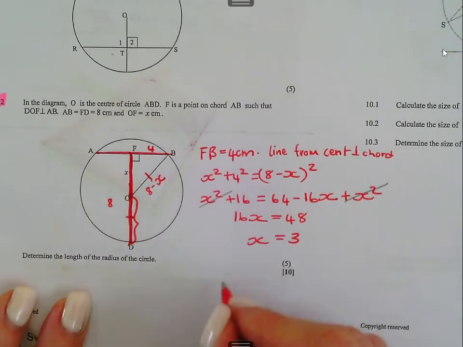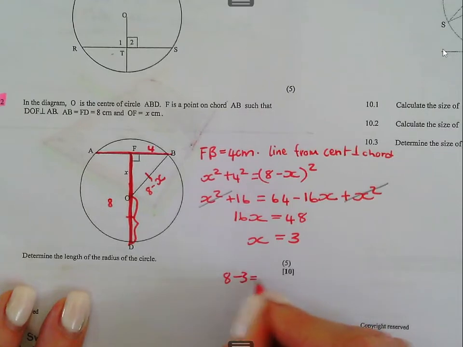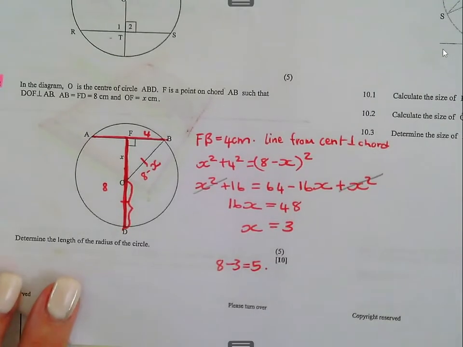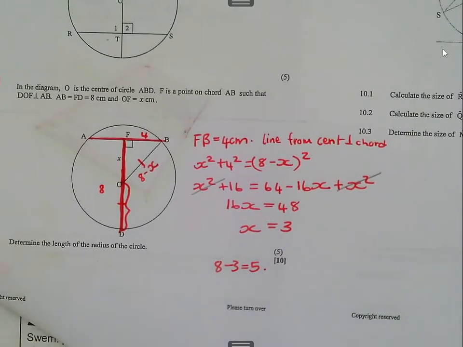So now I have x, it's 8 minus 3, so the radius is 5. Do you all understand? D in exercise 1 is similar. Go and try it this afternoon and see if you get it right.